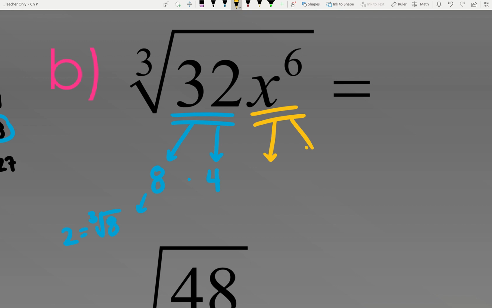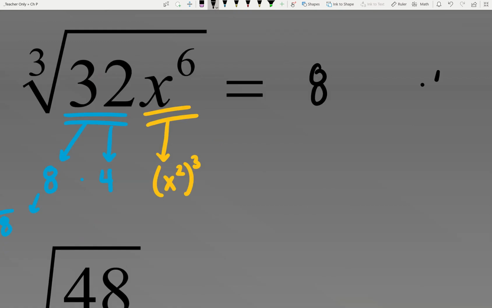Well, if I do that, then check out what happens. So I'm going to go ahead and break up this 32 by calling that 8 times 4. Leave a little bit of space. Okay? And then that x to the 6th, I'm going to go ahead and write as x to the 2nd further raised to the power of 3. Okay, that's all going to be inside of a cube root. So think about what we did before, right? We did the cube root of 8.